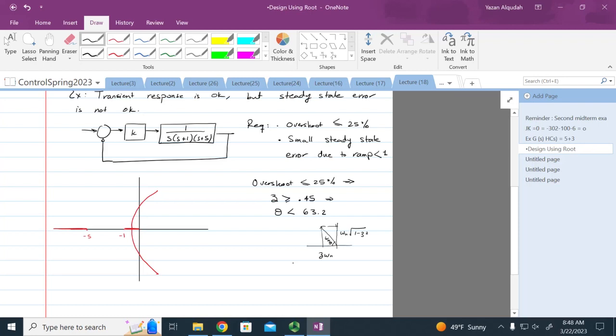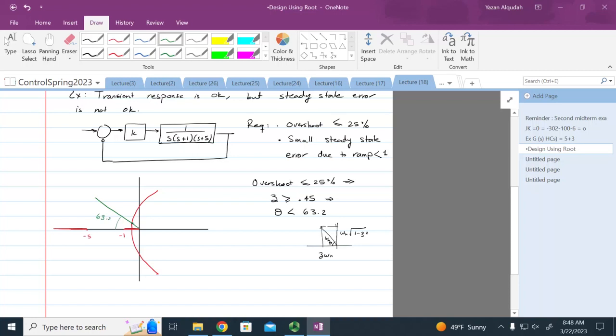So again, from the overshoot, if I want overshoot to be less than 25%, then theta, the angle the poles make with the real axis, has to be less than 63 degrees. So therefore, I can plot a line here that makes 63.2 degrees.